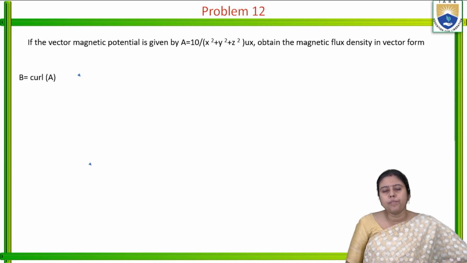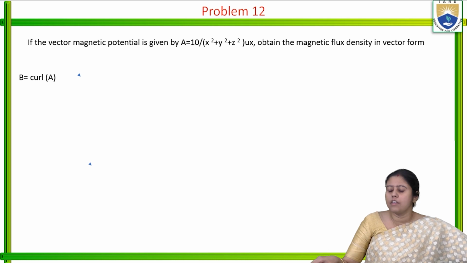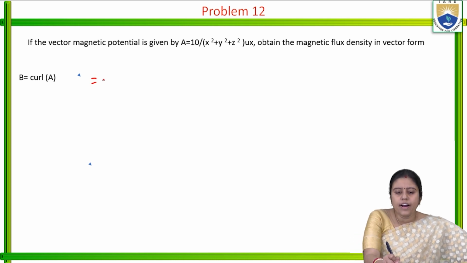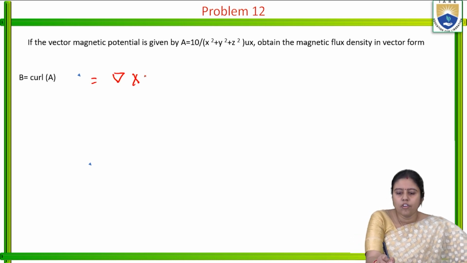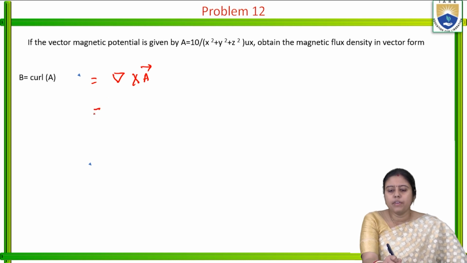So we know that the magnetic flux density B is equal to curl of A. Curl of A means grad cross A. What is the meaning of grad?